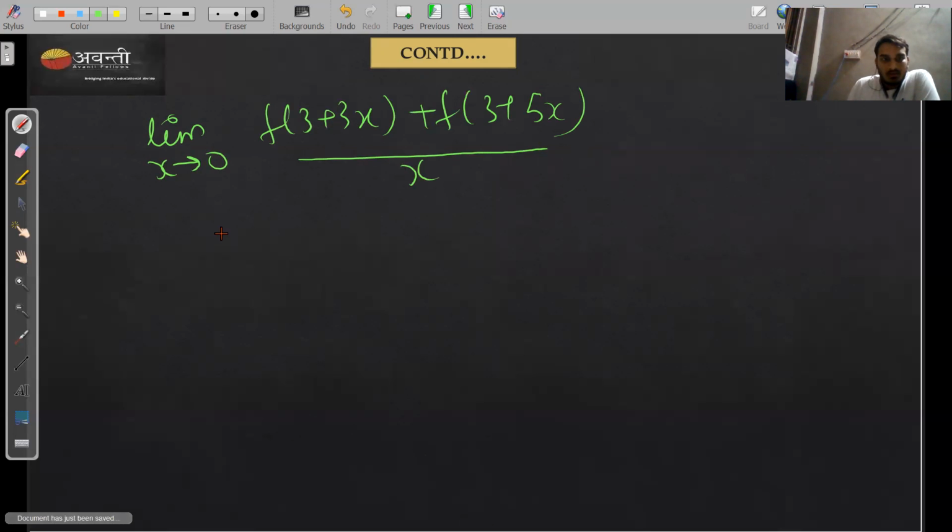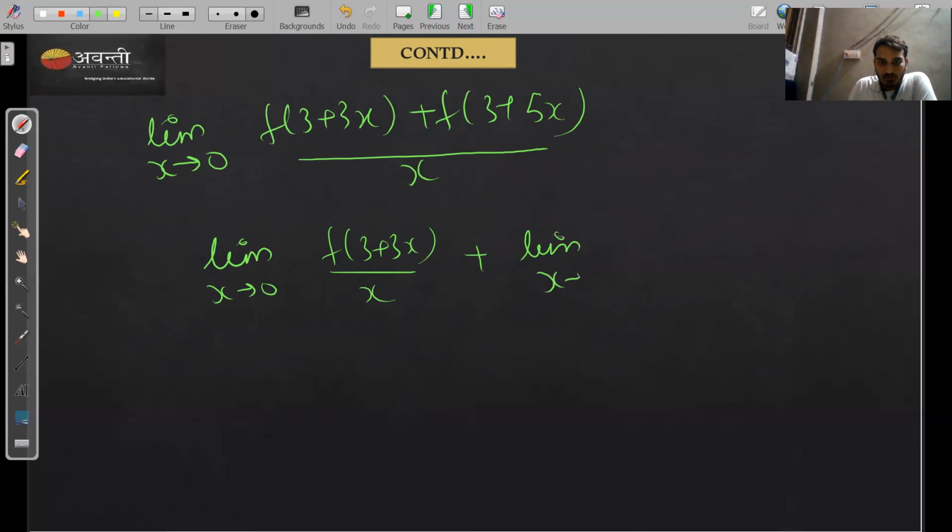Now separate this limit. It becomes limit x tends to 0, f of 3 plus 3x by x, plus limit x tends to 0, f of 3 plus 5x by x.